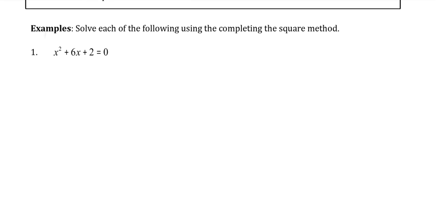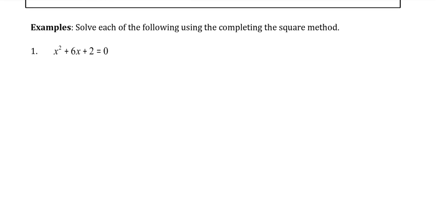So let's have a look at question number 1. It says, solve each of the following using the completing the square method. So because it's an equation, we can do this a little bit differently to how we did the last section. So what I do first is I keep the first two terms of my quadratic, but the 2 that is the wrong number to complete the square, I'm going to move it across to the other side of the equation to get it out of the way.